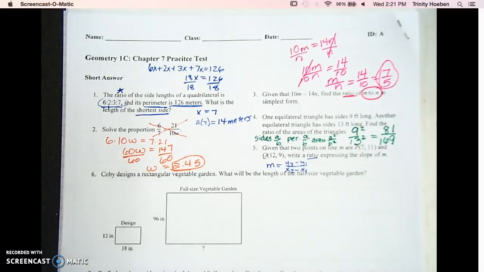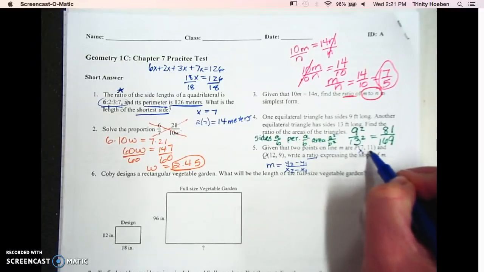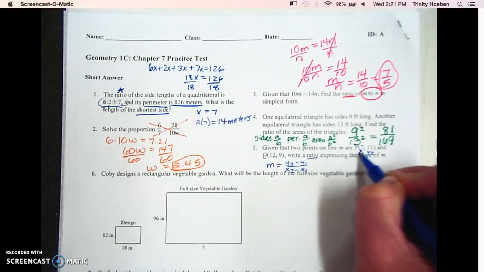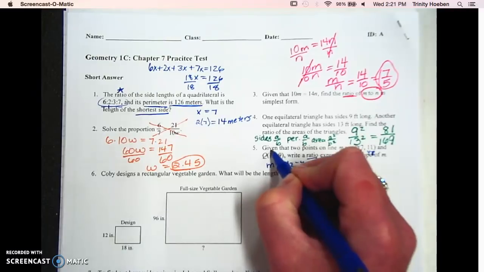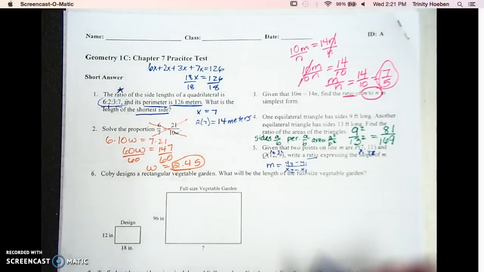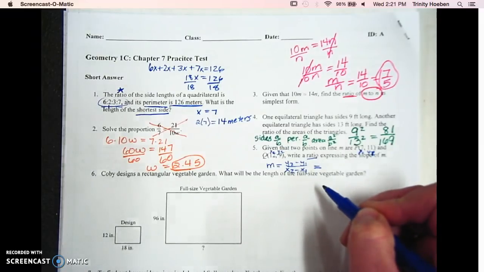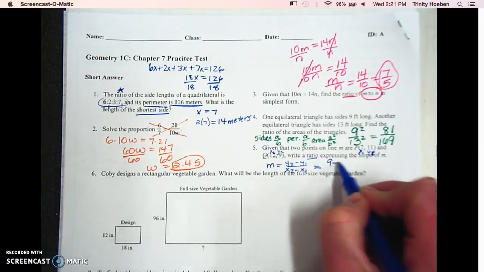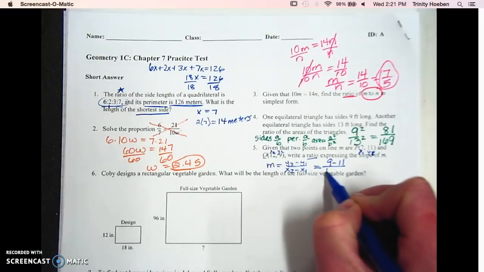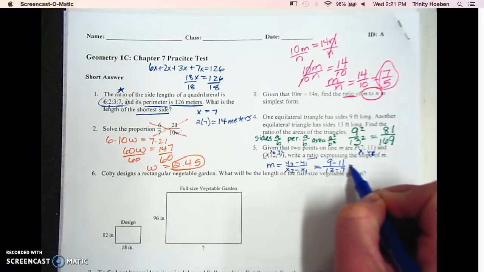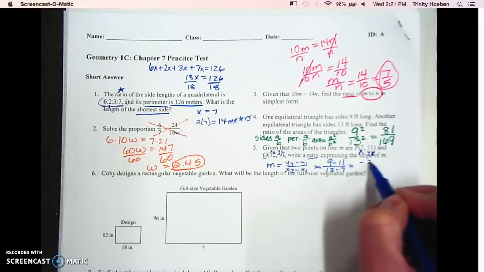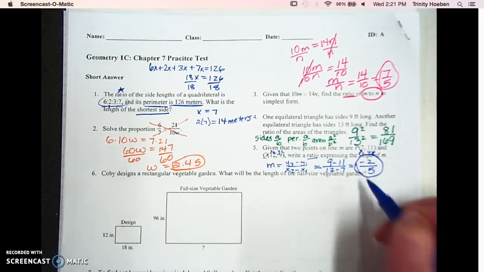And I'm going to label my 2 points, x1, y1, and x2, y2. Then I know I've plugged them into the right spot. So I'm going to have 9 minus 11 over 12 minus 7. 9 minus 11 is negative 2, and 12 minus 7 is 5. So the slope is negative 2/5.